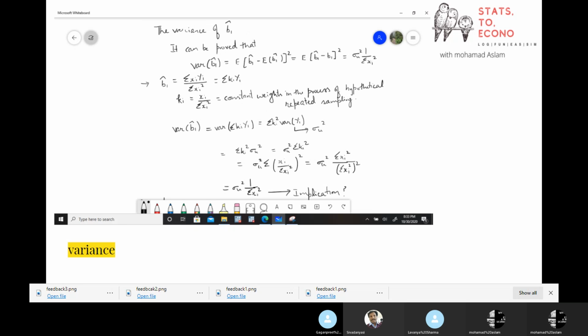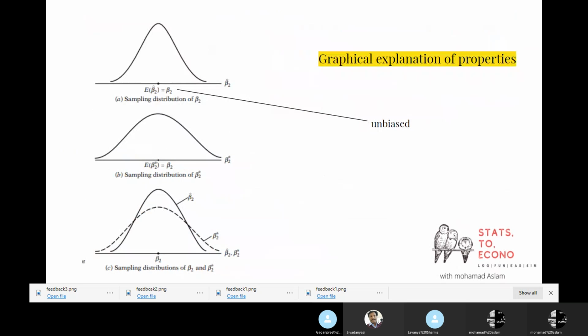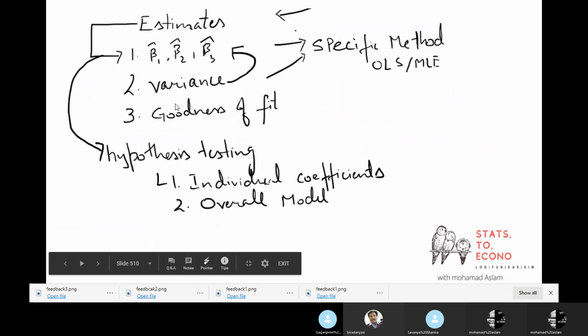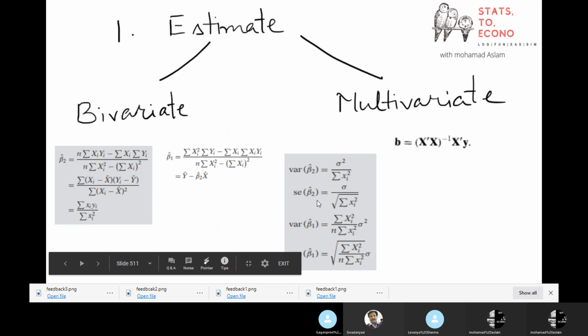for both the variances. So now we are done with these derivations of estimates and their variances. Now just see, when you have this beta 2 hat, you have x and y. This data we have, so we have no problem. But when we have variances, we have a sigma square.